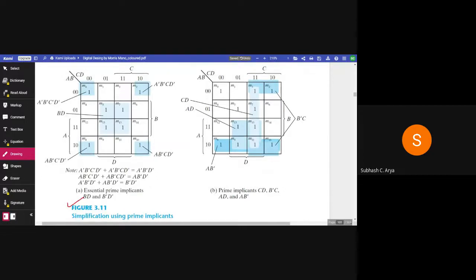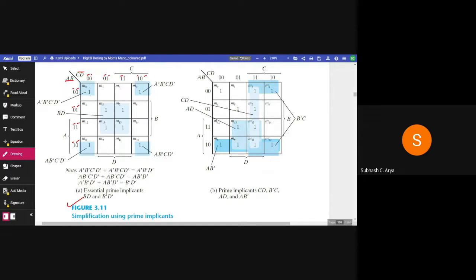Let us see, on this side this is AB and this is CD. So you can assume that this is A bar B bar, A bar B, A B, A B bar. Similarly here, C bar D bar, C bar D, C D, and C D bar. This is as per your Gray code.